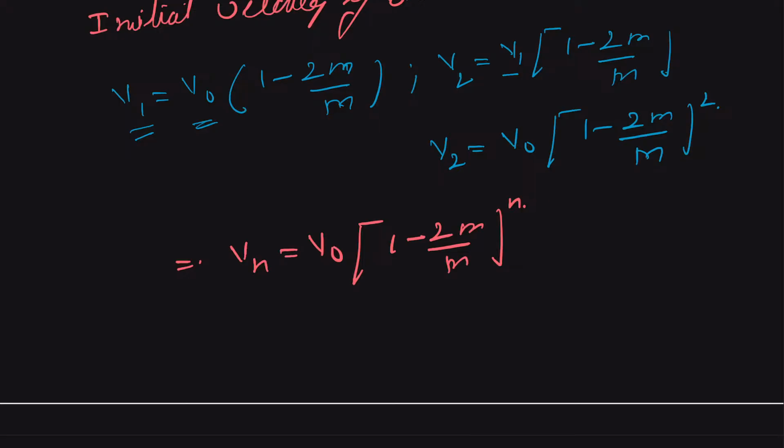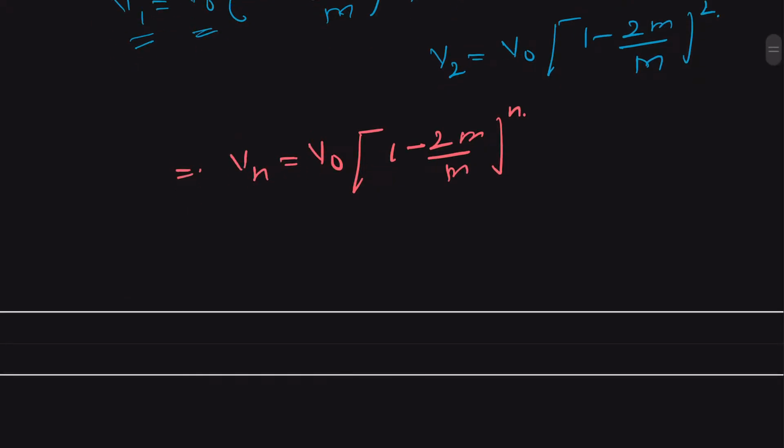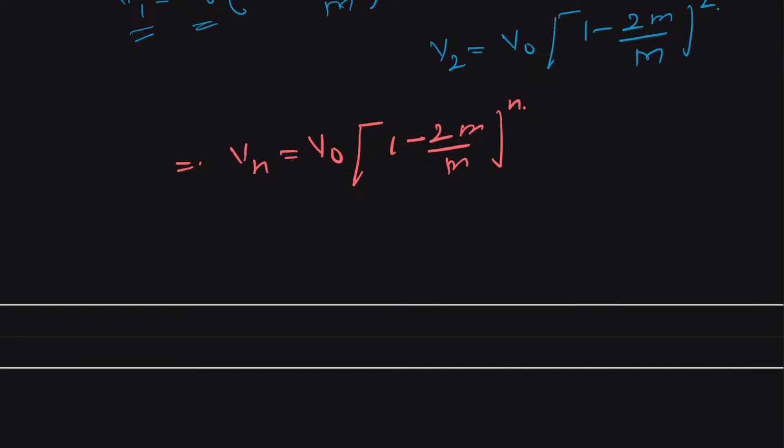Okay. Now we can solve this further, and for that we are going to use the exponential approximation method. We assume that we have an epsilon equal to the ratio 2m upon capital M, which is very much less than 1, because we are given that capital M is very much larger than small m.